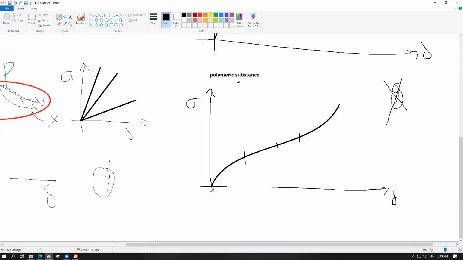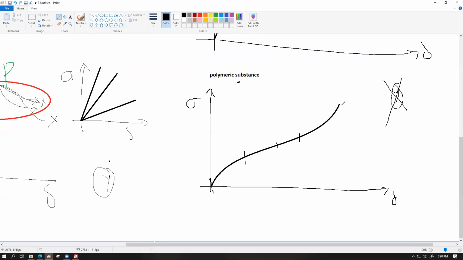For the initial part, the polymeric substance is losing the gradient of the stress strain graph, and for the endpoint part, it is once again increasing the gradient, which means that any polymeric substance at the beginning of the deformation will show significant resistance against deformation. To start the deformation, a high amount of force is needed. Once you start the deformation beyond a certain point, it is going to stretch out pretty easily.